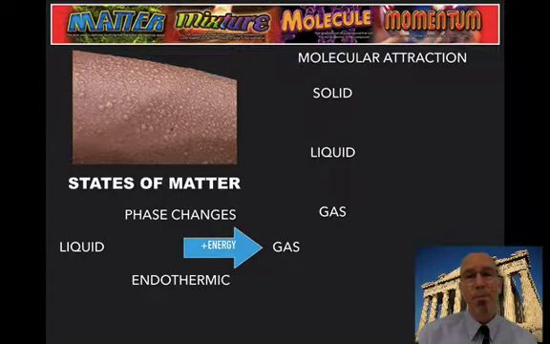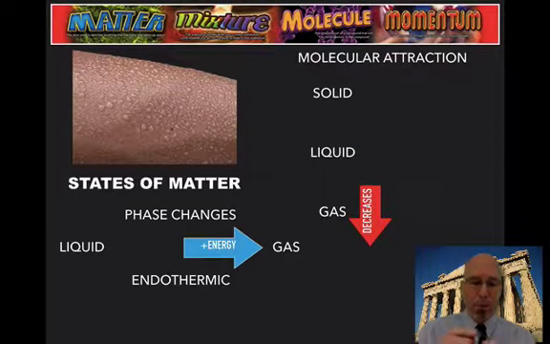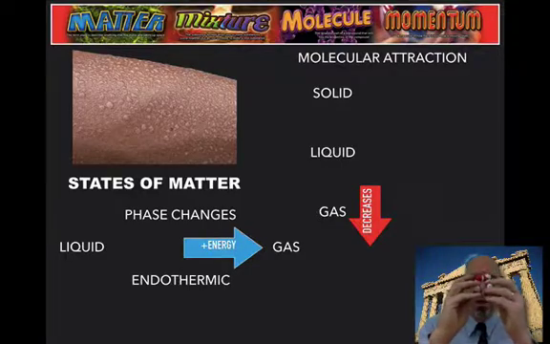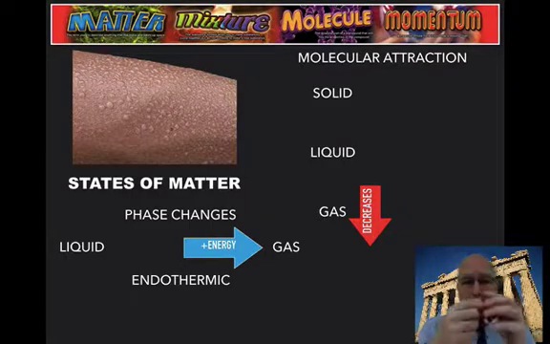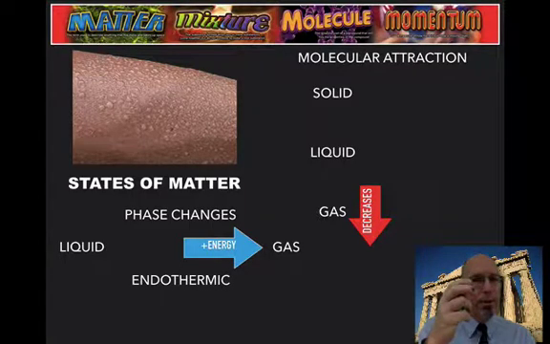Okay? So molecular attractions. If we look at the attractions in molecules, we have really good molecular attractions in solid water. So here I'm making an ice crystal again. Nice molecular attractions. As we increase the energy, we decrease the attractions. Why? What are the molecules doing to decrease the molecular attractions as you add energy to them?